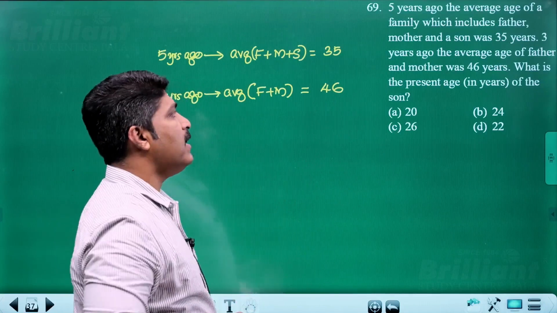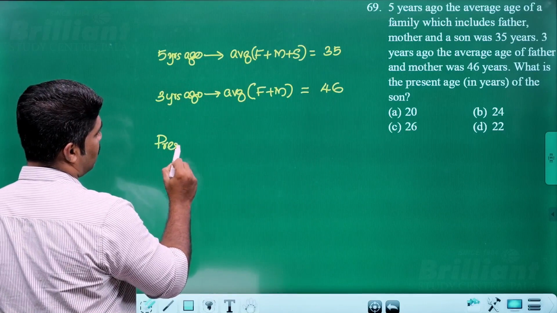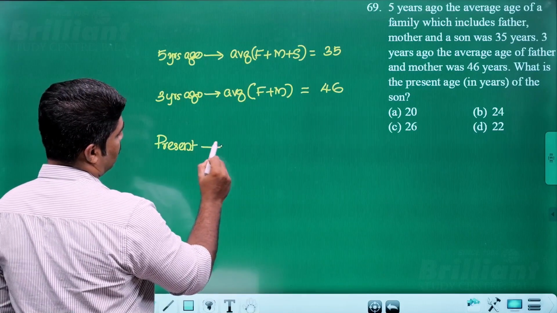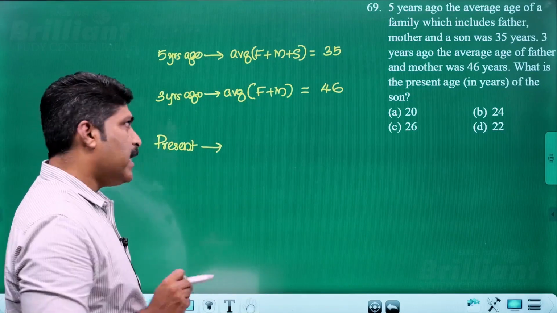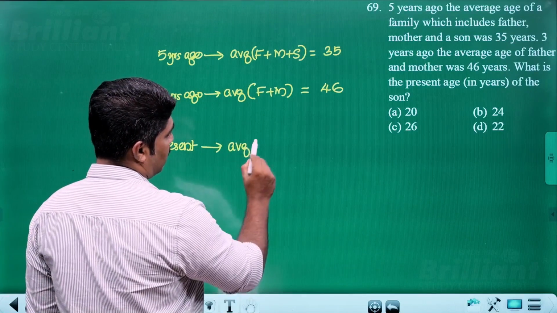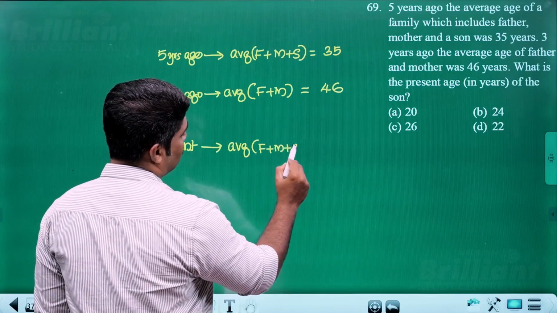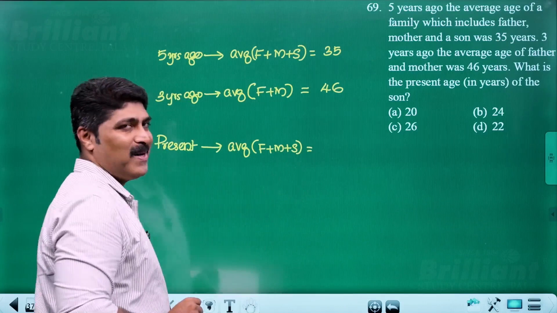What is the present age of the son? So now we have to consider the present situation. During the present situation, what should be the average of father, mother, and son? That's a simple trick.